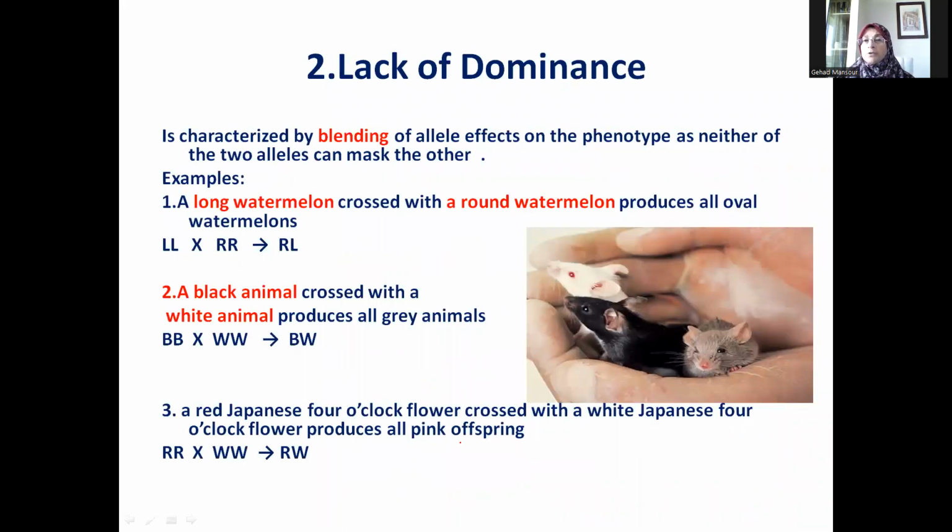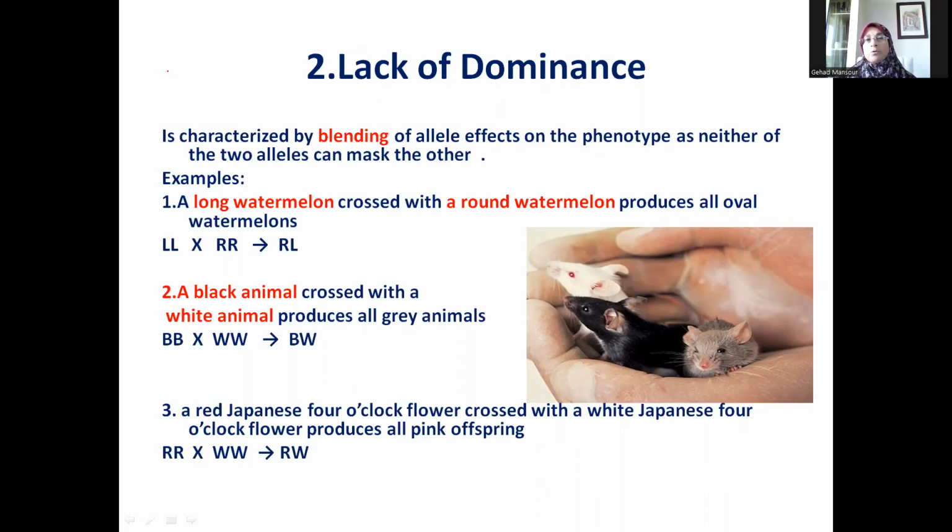Now, this was the first non-Mendelian condition, which is complete linkage, because, as you know, Mendel studied only alleles that are present on separate chromosomes. The second non-Mendelian case, or the second inheritance case that does not follow Mendel's rules, is lack of dominance.